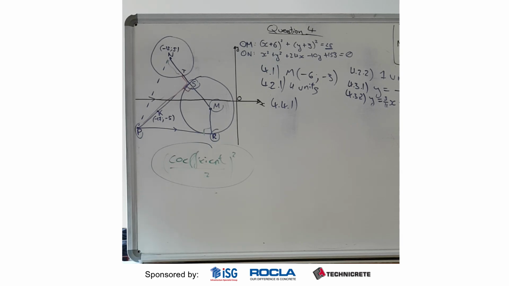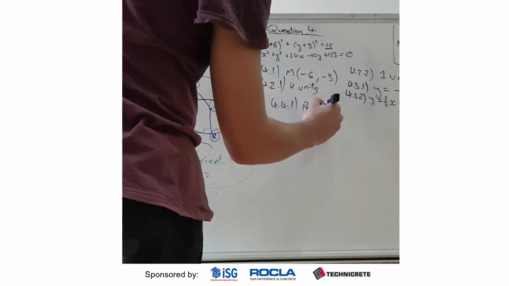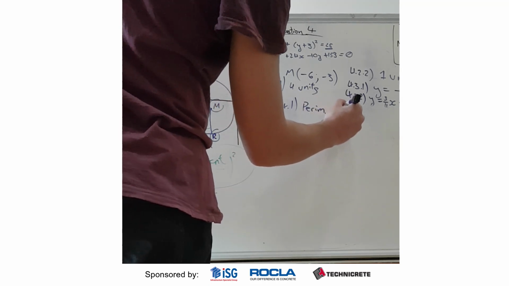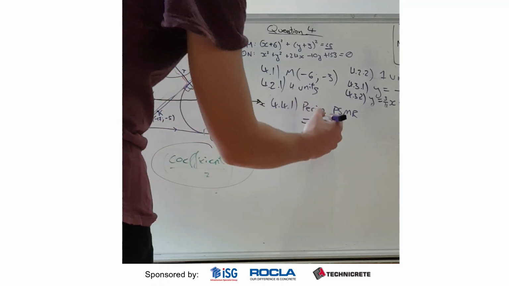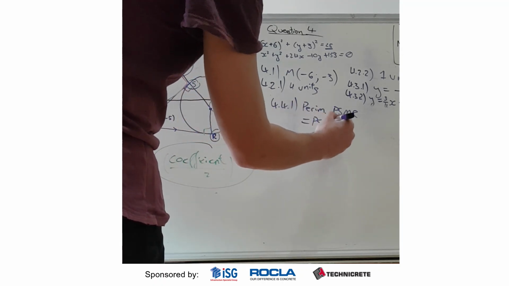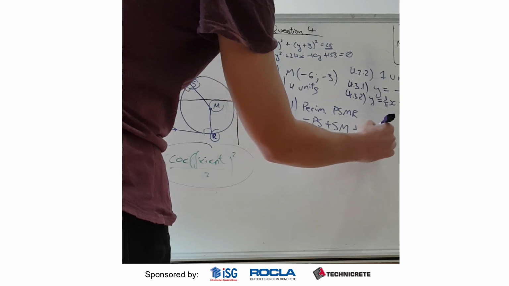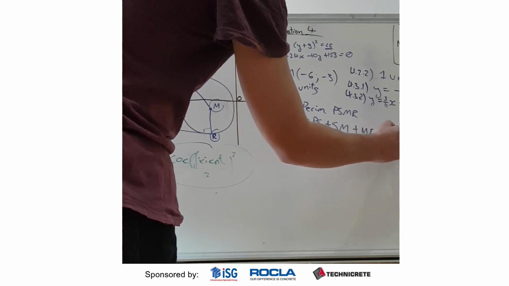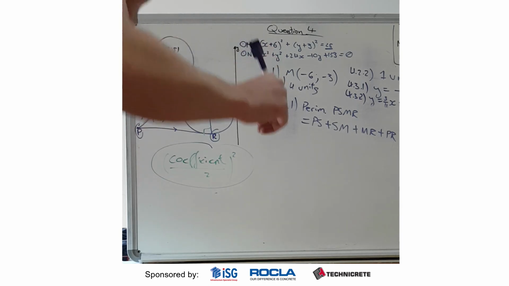Now, probably the easiest way to do this is just break it up into its component parts. It's PS, SM, MR, and PR.